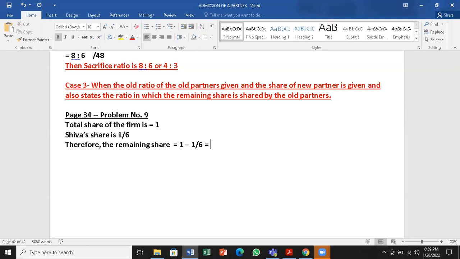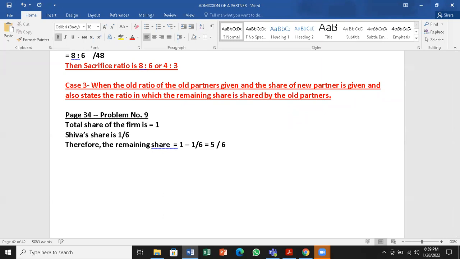One part is given to the new partner. The remaining 5 parts will be shared by the others in 3:2. So the remaining share is 1 minus 1/6, that is 5/6. Very good. We have to remember this.